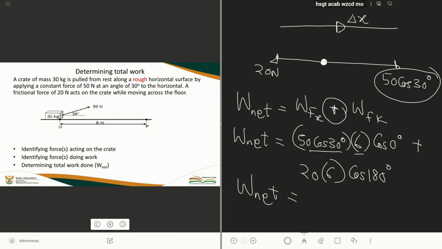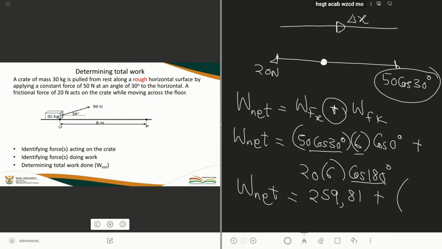That's the horizontal component. 43,3 multiplied by 6 multiplied by positive 1 gives us 259,81, which is the work done by the horizontal force, to 2 decimal places. And then plus the work done by the frictional force, which reduces to -1.